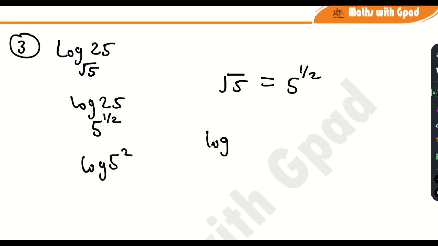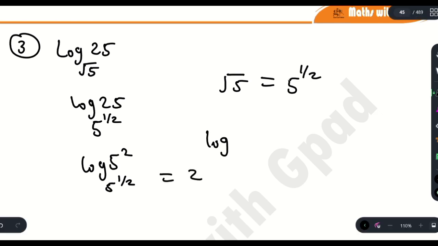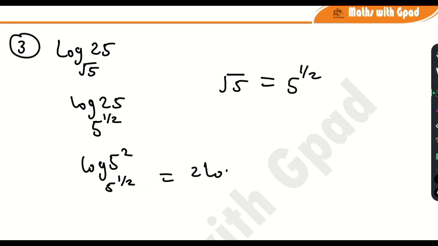All right. And I did tell you before that this exponent can be taken to become the coefficient of the logarithm. So watch this now. It's going to be what? 2. Let me take this off. Log 5 base what? 5 raised to 1 over 2. But we cannot set log 5 to base 5 raised to 1 over 2 to 1, because this 5, the base here, has an exponent.